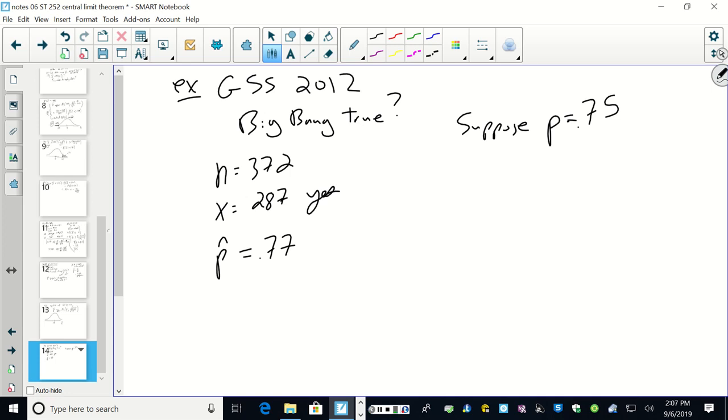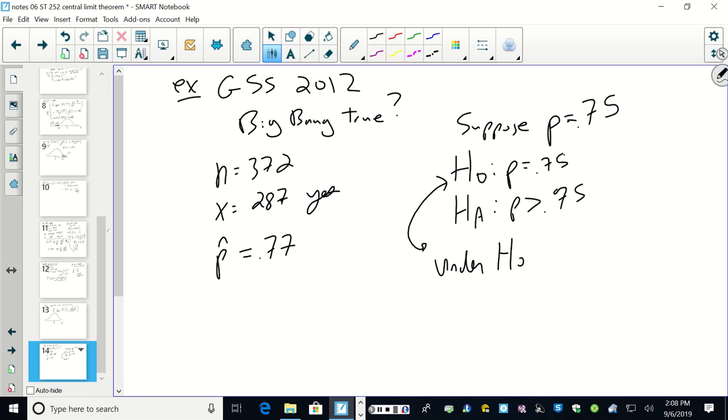We've been doing p-values and testing. We've asked questions like, what's the probability we're greater than or equal to our observed value if this is true? So we might have a hypothesis that p equals 0.75, and the alternative maybe that p is greater than 0.75, that more than 75% believe that. Well, to evaluate this, under the null hypothesis, p hat would be approximately distributed as a normal.